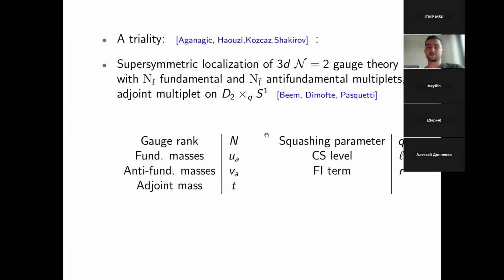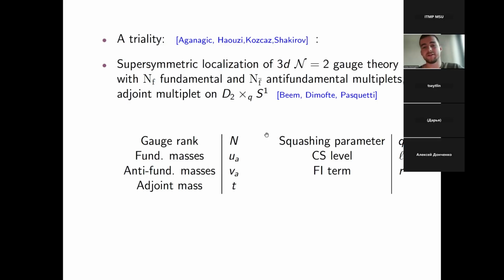First, and the base point in the triality for us, meaning that we're going to label our models by where they sit in this first table, is that these integrals appear as a result of supersymmetric localization of 3-dimensional n equals 2 gauge theories with a bunch of fundamental and anti-fundamental matter, and also an adjoint multiplet, on a geometry that is this squashed half sphere.